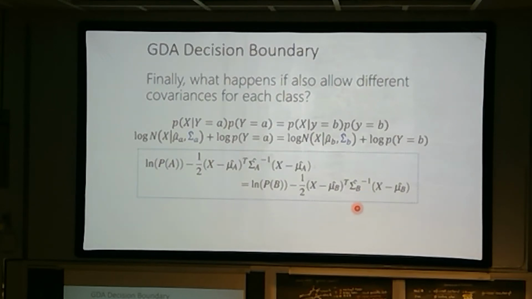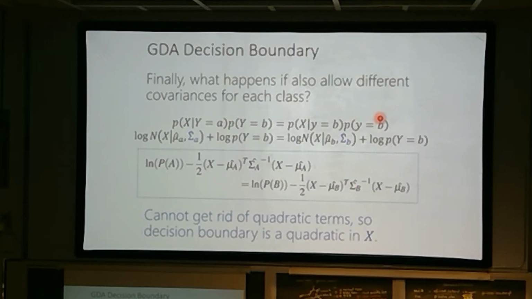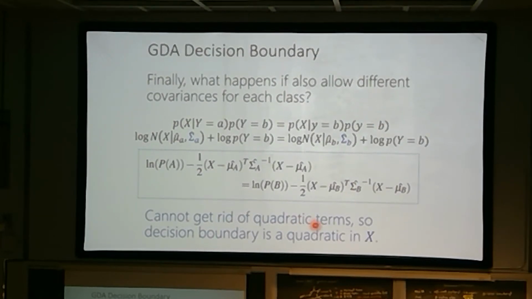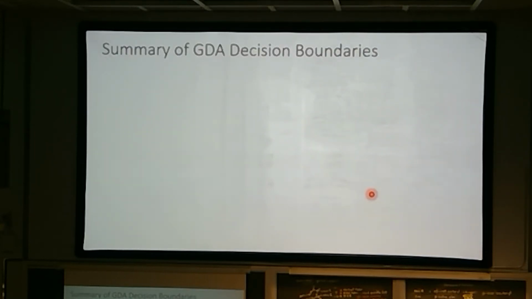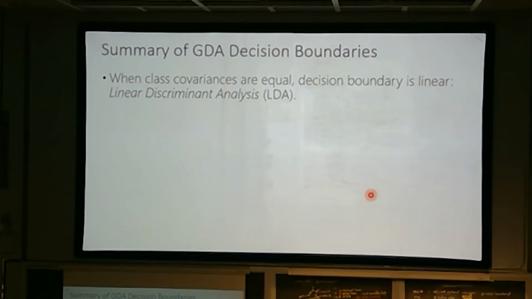Does that make sense? So I'm really stuck with these. I can't get this to look like the first case where they're tied together. And so, in fact, we now have a thing that's quadratic in X, and the decision boundary now looks quadratic and not linear anymore. I haven't given these things names, but these things have names.